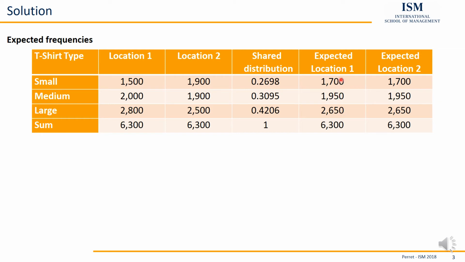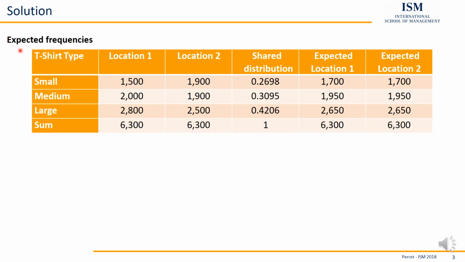Of course, those expected values again have to add up to the sums as before. As I said, due to the fact that we have the same sums in the two locations, we get the same expected values in both locations. This is only the case because the sums are the same. If they were different, we would get different expected values in both locations.